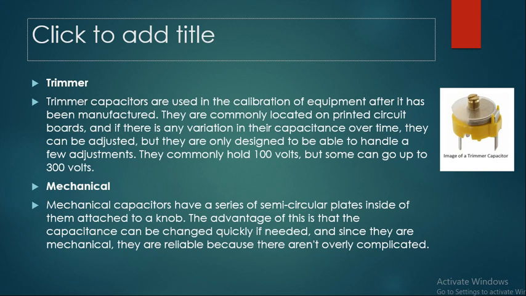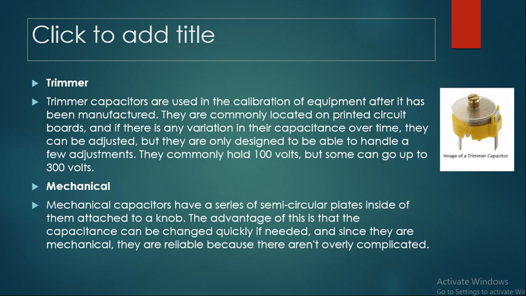But they are only designed to handle a few adjustments, meaning they can handle adjustments up to some particular level. They commonly hold 100 volts, but some can go up to 300 volts.